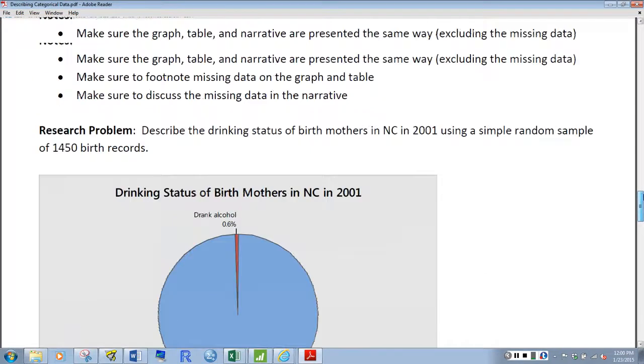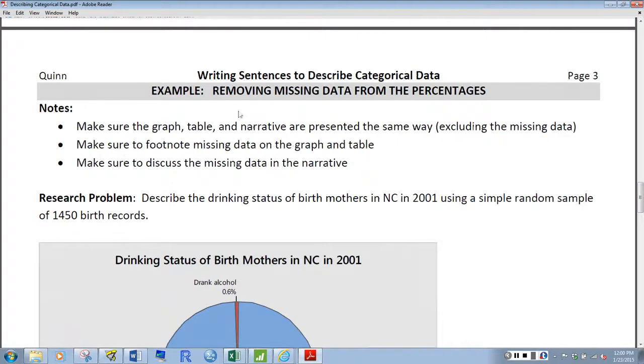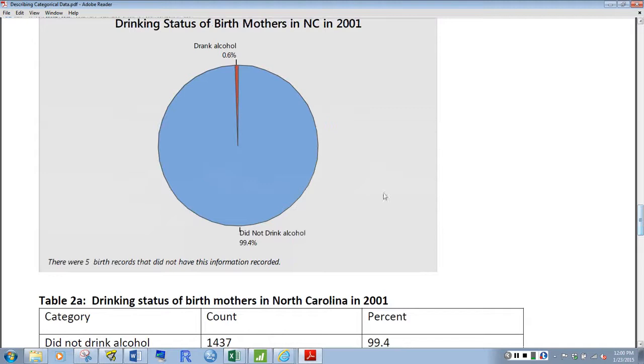One is to remove the missing data from the tables and the graphs, and therefore from the percentages. In the graph, they show only 2 categories. The percentages add up to 100%, and that's because 5 birth records did not have information provided.